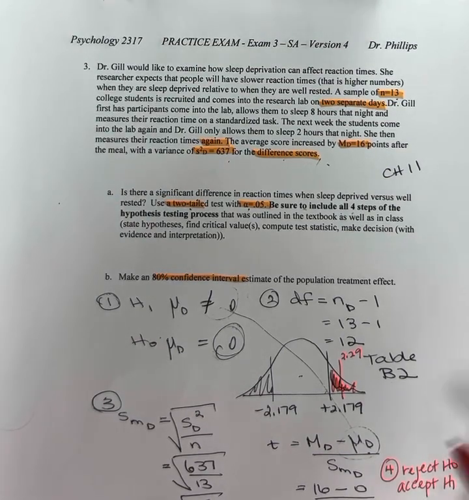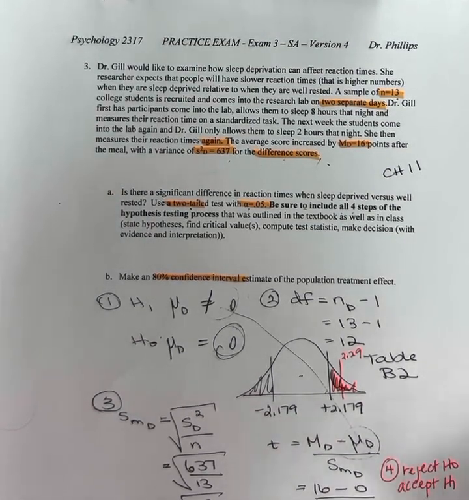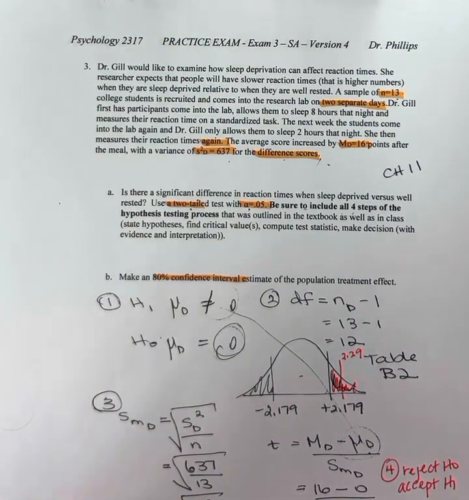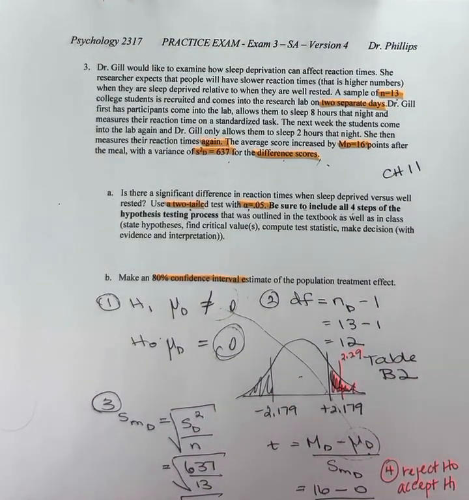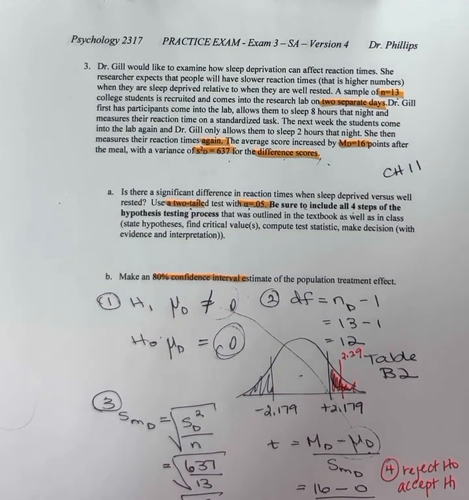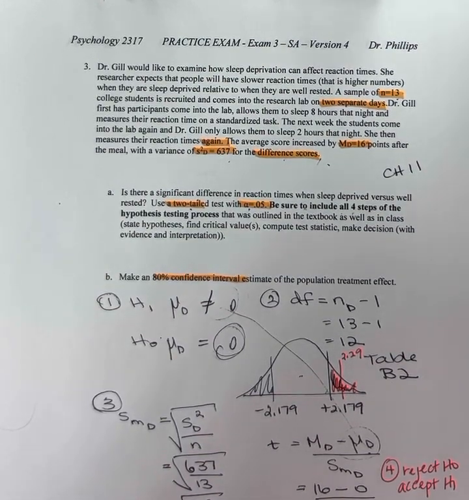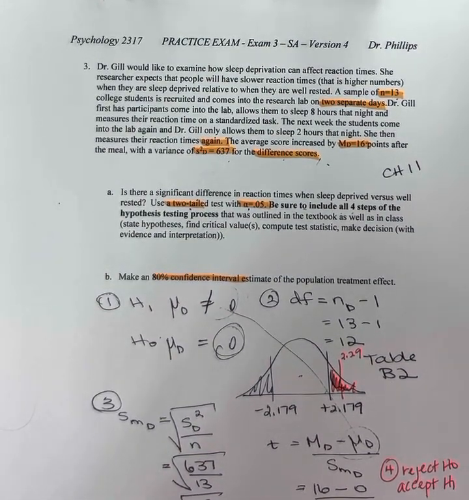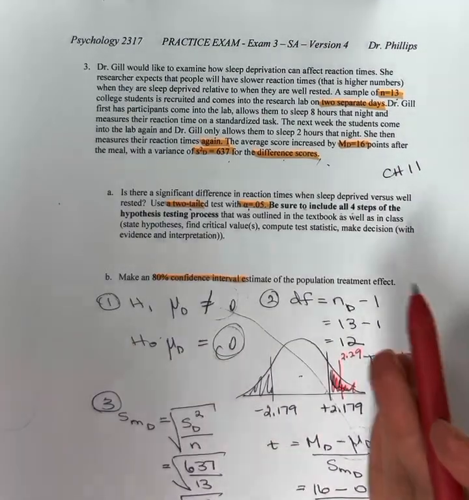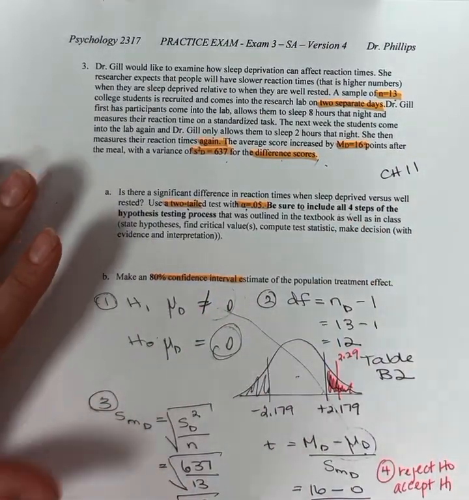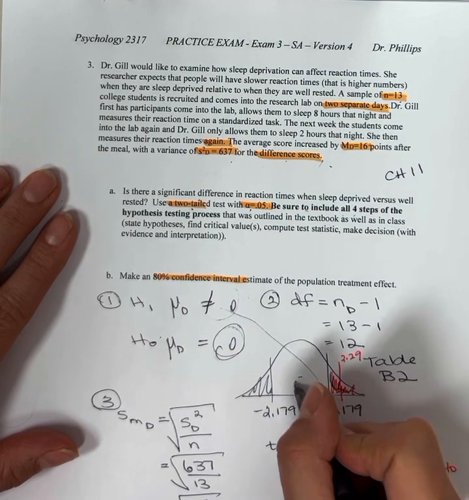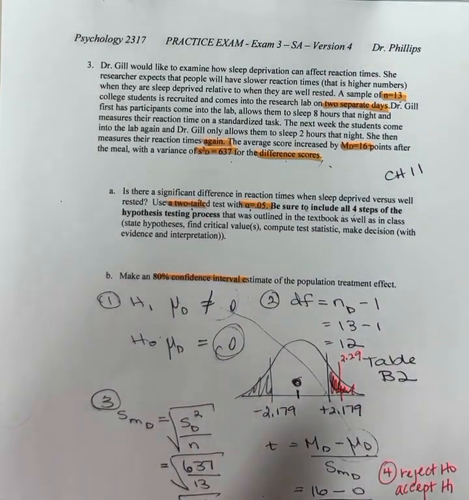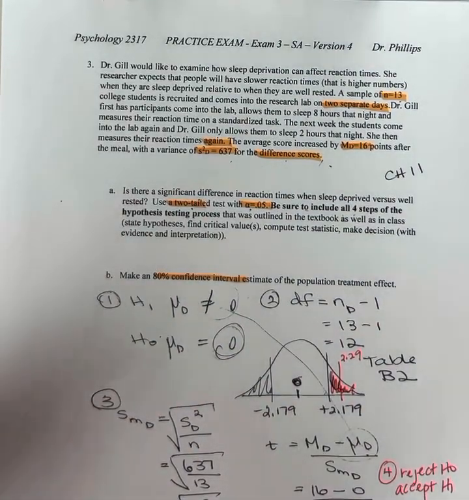Okay. You can use this as your evidence, or you can indicate that it's in the critical region, or you can say that 2.29 is larger than 2.179. Okay, it's beyond, right? So if this here would be 0, it's further out, it's further away.